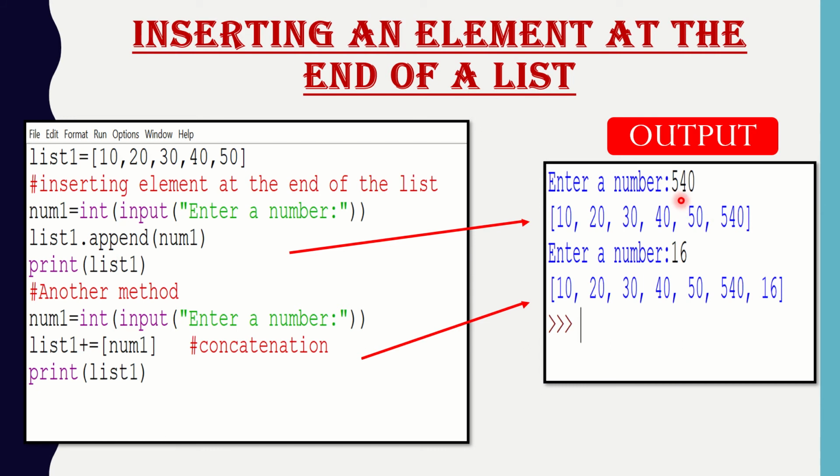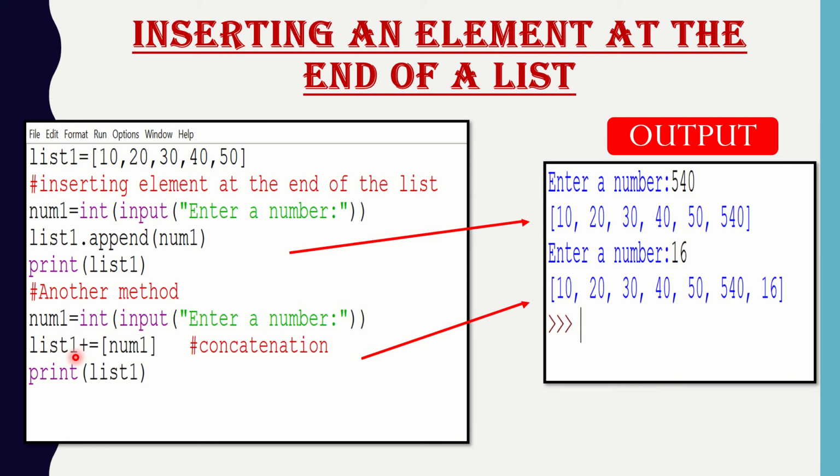So here you can see I've taken 540 as the number from the user and then added it to the end of the list. Another method is also available where the number that I have accepted from the user, I convert it into a list by placing it inside square brackets. So num1 is converted into a list by placing it in square brackets, and then I join or concatenate it with the original list.